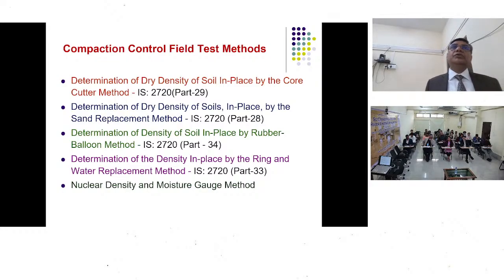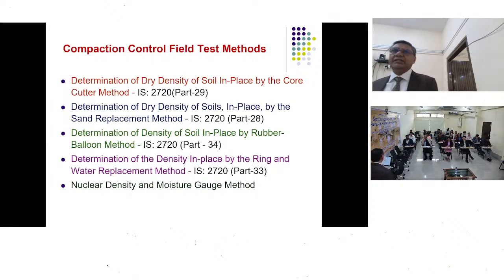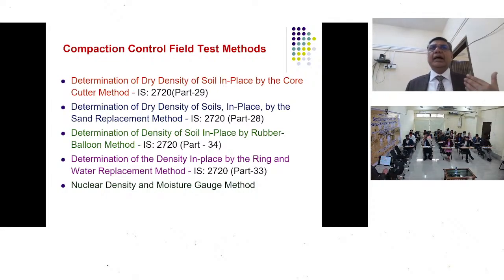Core cutter method also is a relatively better method, but this is only for clay cores. In case of filters, the core cutter is not going to function. Nuclear density moisture gauge methods are rapid methods, but they have their limitations. Nowadays people have been moving into it, but we get scared by the word nuclear, so people usually do not try to move into those.